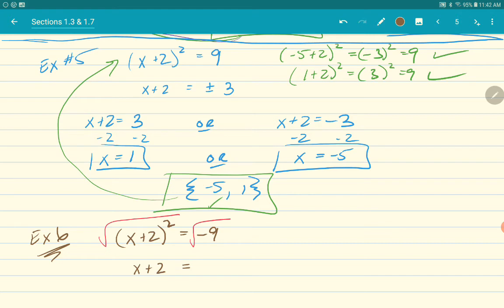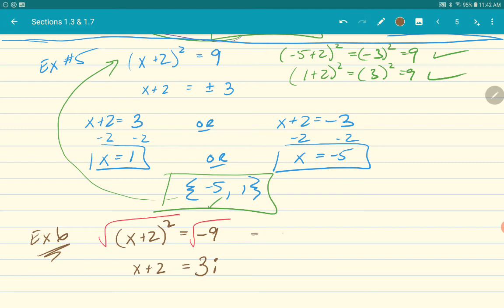But on the right, the square root of the negative gives me i, and the square root of 9 gives me a 3. I'm going to write that as 3i, because that's traditional when you have an i and a constant, not a radical. It's traditional to write it first.